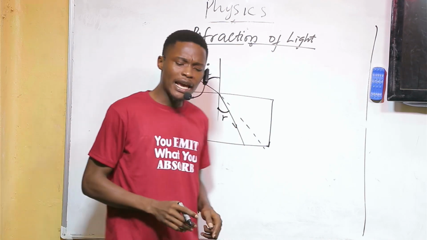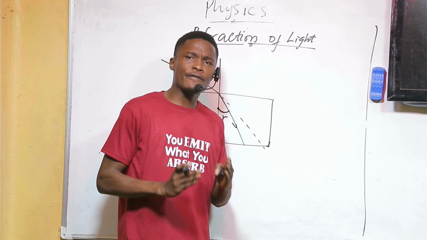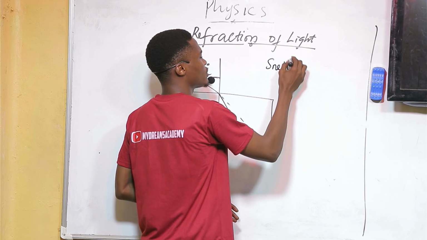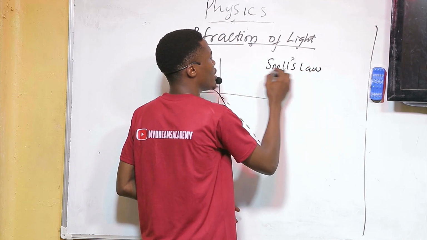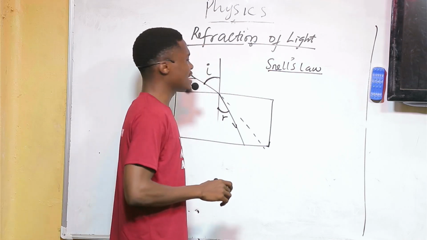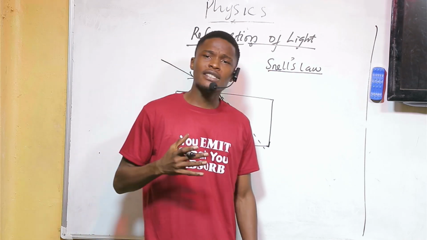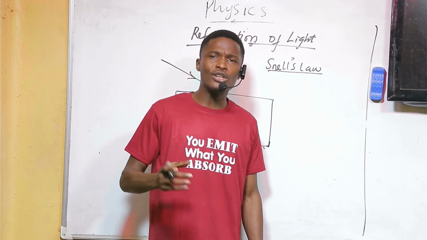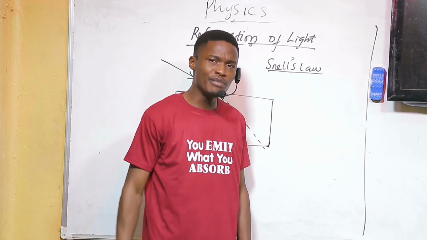Refraction. Now, one of the laws of refraction, which we also call Snell's law, so pay attention, Snell's law, which is the second law of refraction, says that the ratio of the sine of the angle of incidence to the sine of the angle of refraction is constant for a given medium.